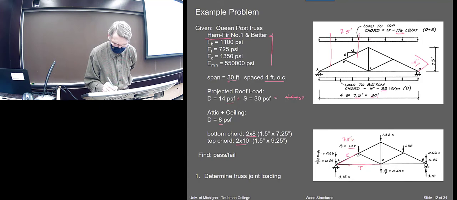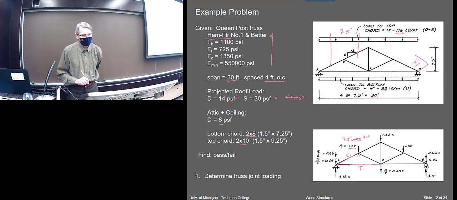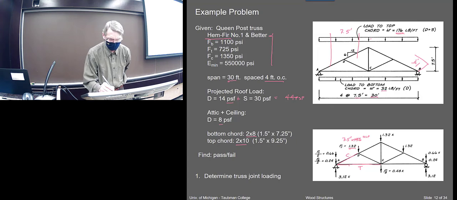Let's put it into kips. 7.76 kips per linear foot, and that should be that then. Okay, so that's where these point loads are coming in.